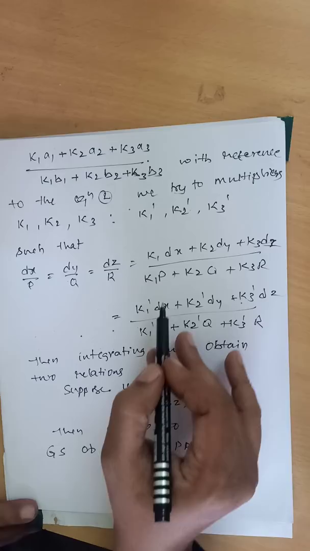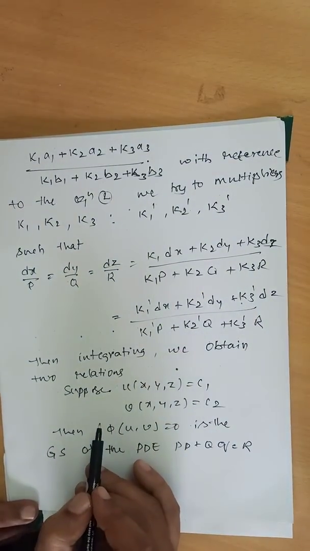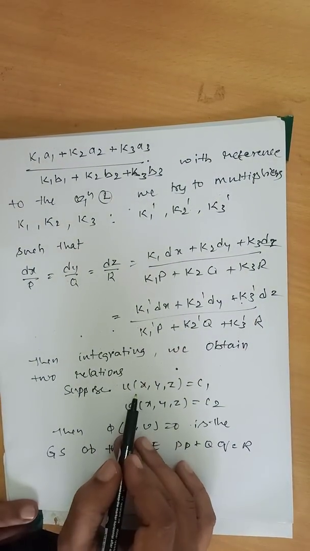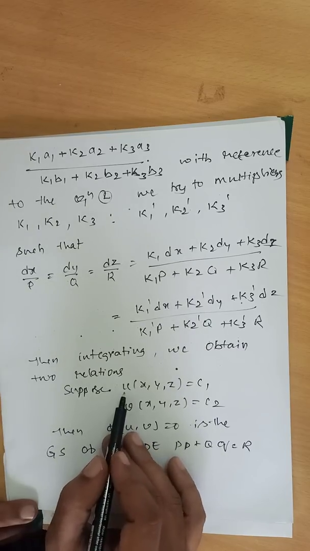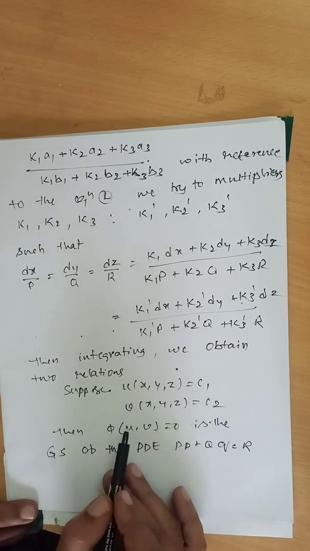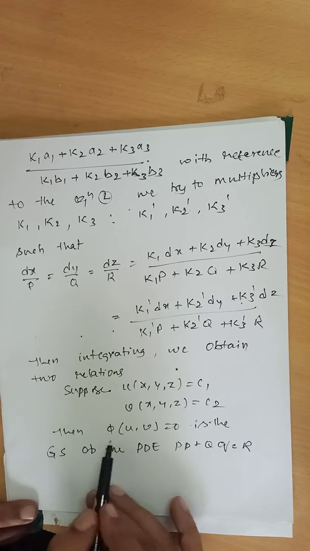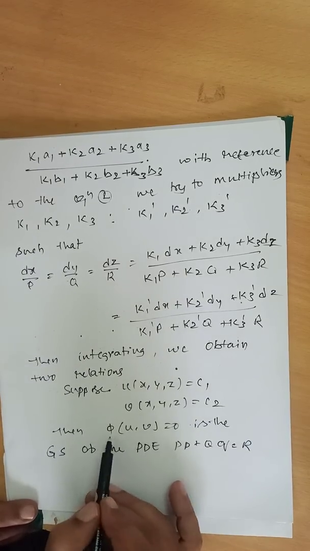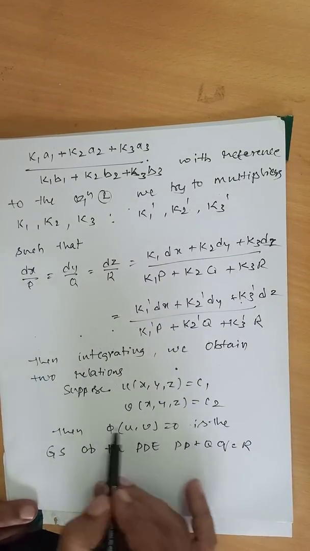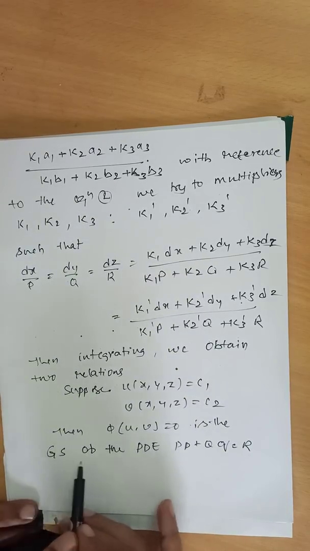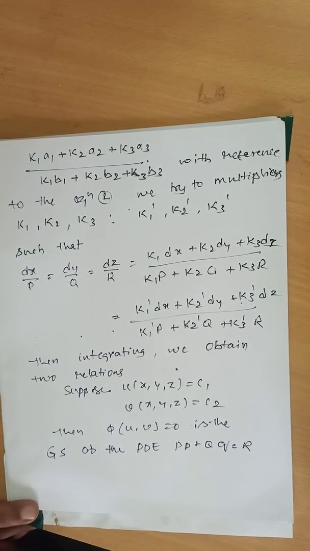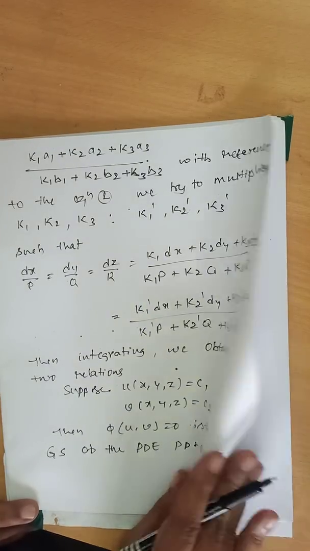On integration you will get the required two sets with respect to u and with respect to v. Why? Because the solution should be in the form of phi of u comma v equal to 0. This form is called the general solution of the partial differential equation Pp plus Qq is equal to R.